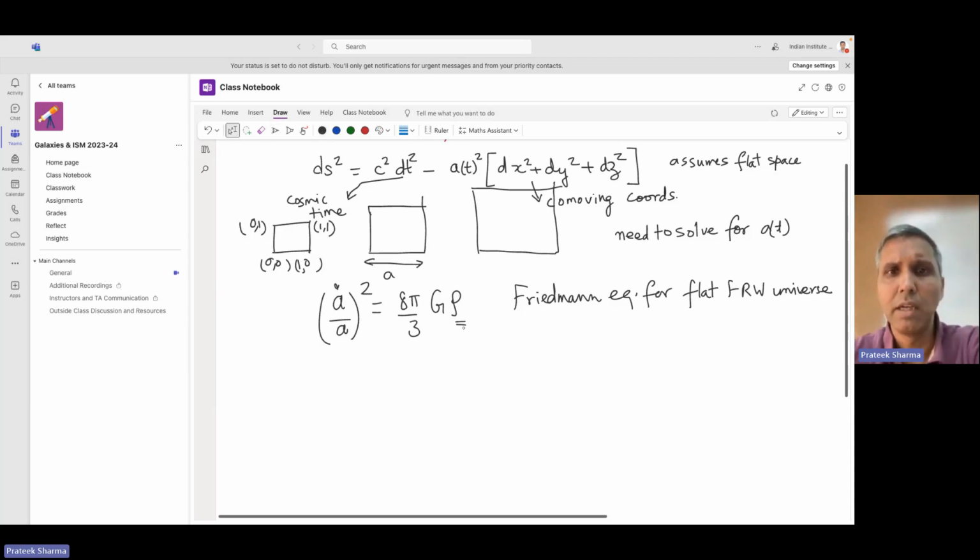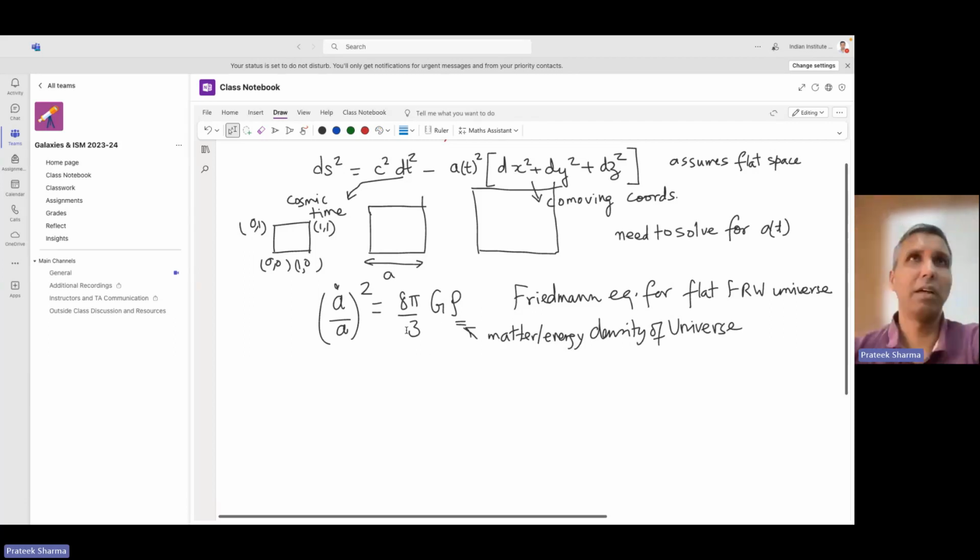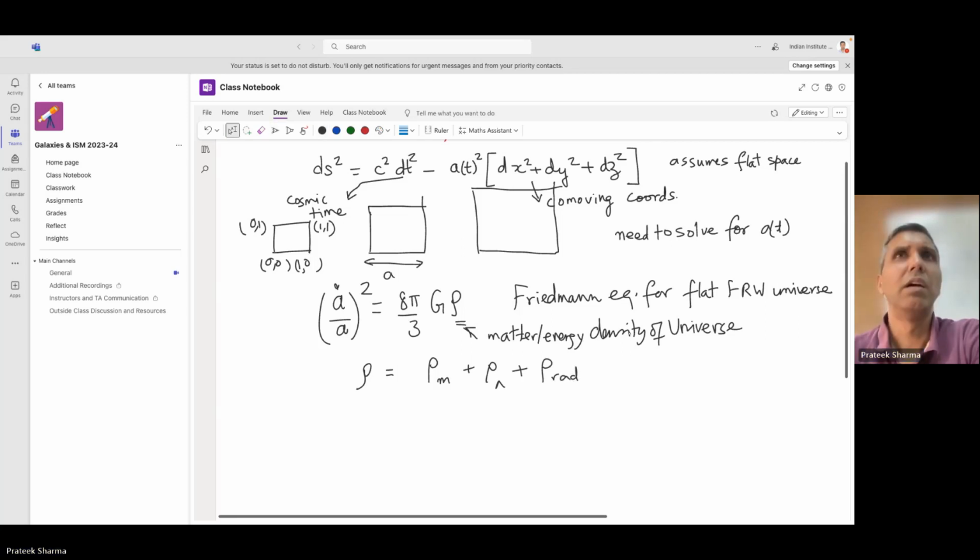Rho is the matter-energy density of the universe. So rho consists of matter, radiation, and dark energy: rho is equal to rho matter plus rho lambda plus rho radiation. These are the principal components of matter-energy that we consider.